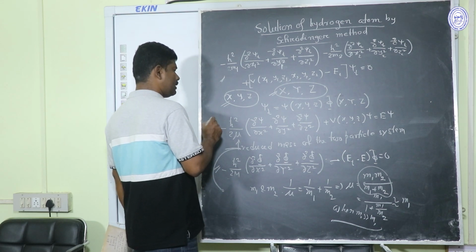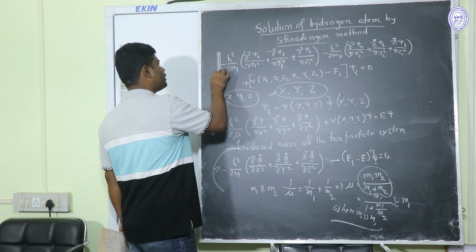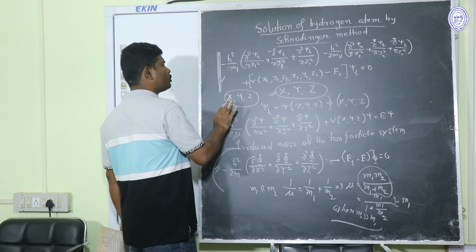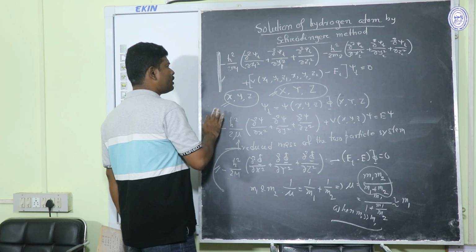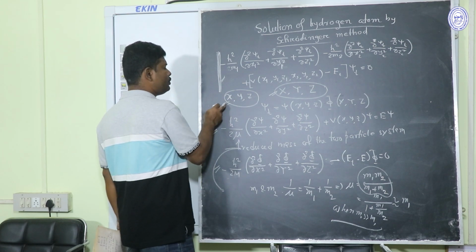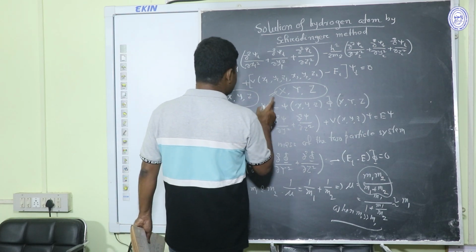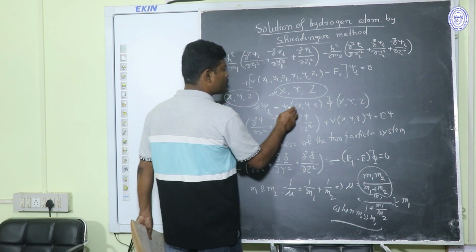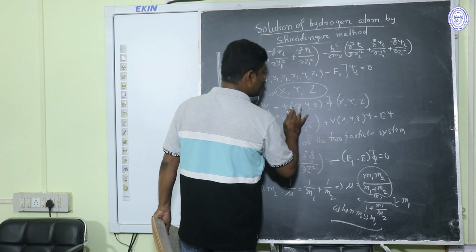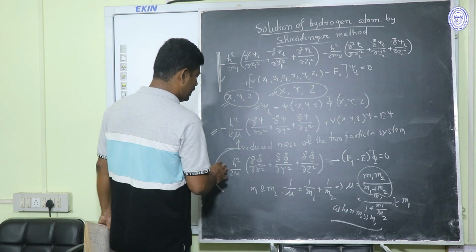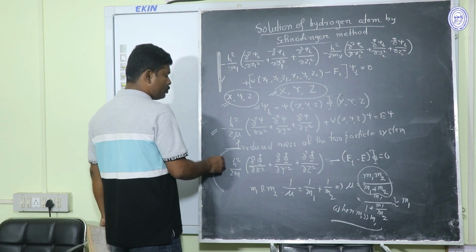So, in this equation we have the wave function which describes both the motion of the electron as well as the nucleus, and by introducing the 6 variables and assuming the wave function as a product of two functions, we have obtained these two equations.